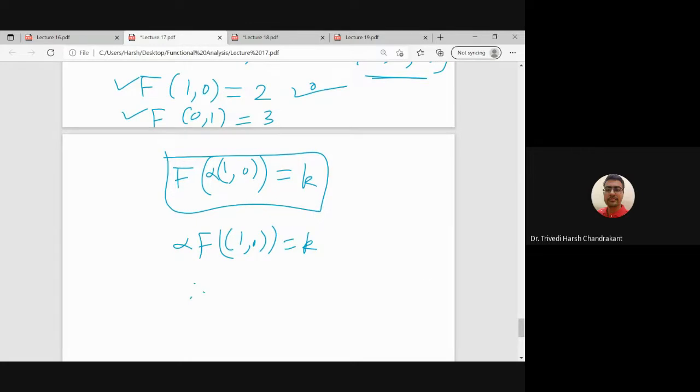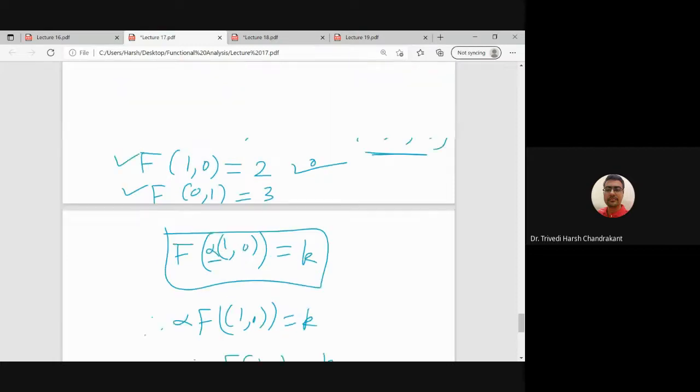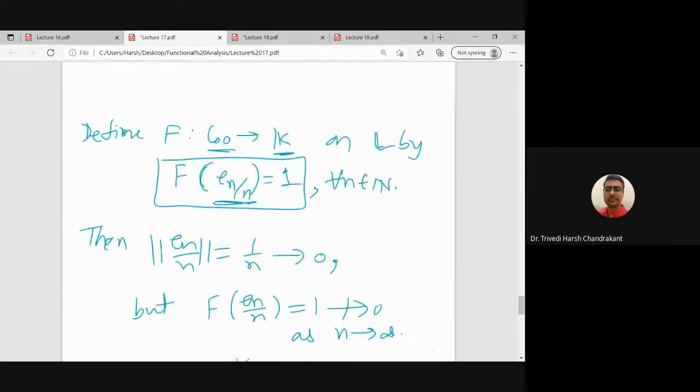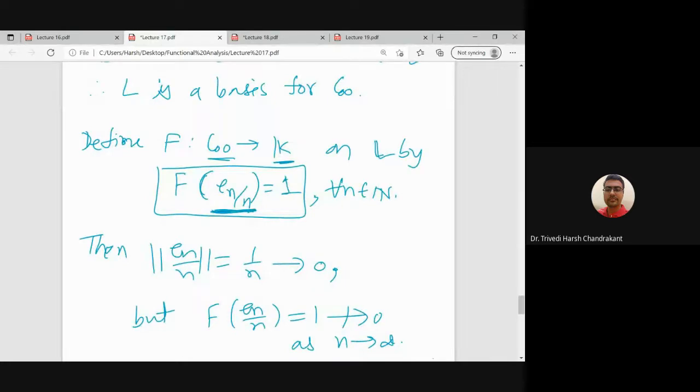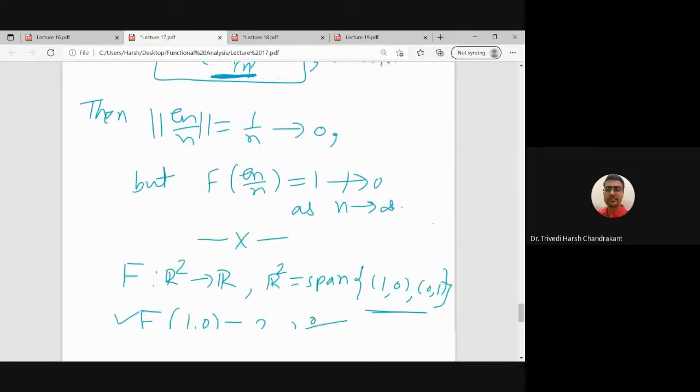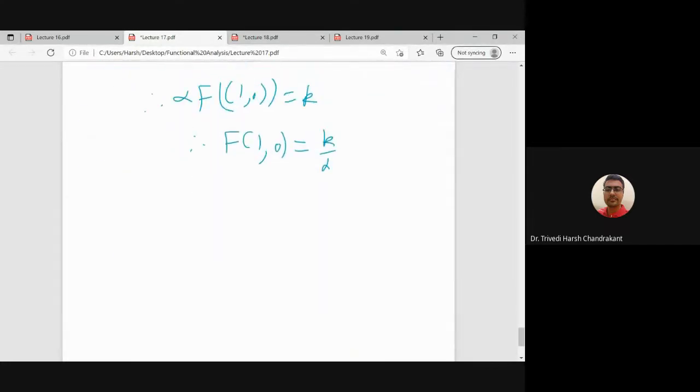So f of (1, 0) is k by alpha, right? So here the alpha we are taking is 1 by n. So we are defining the function on 1 by n times En, and the Ens are basis elements.